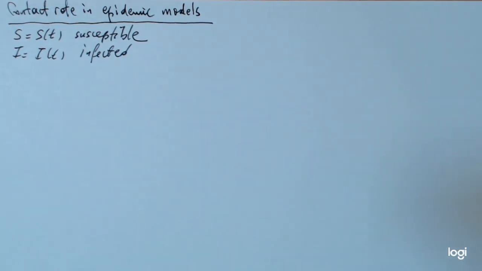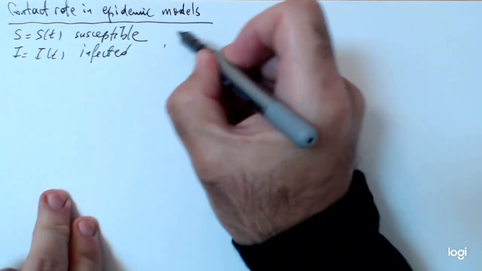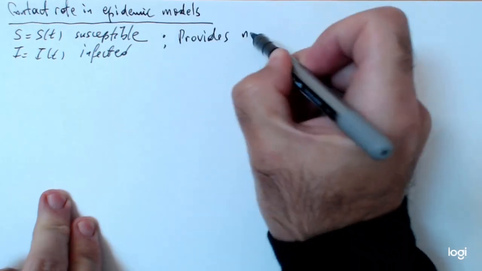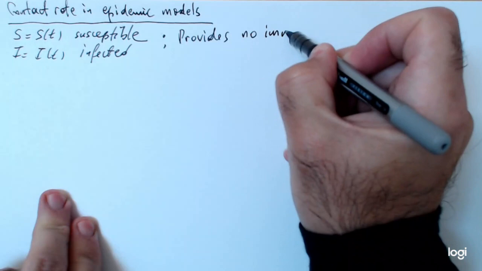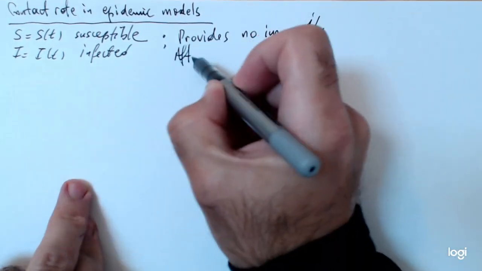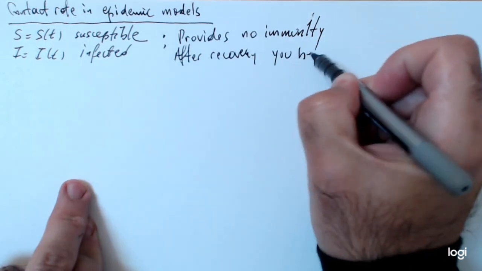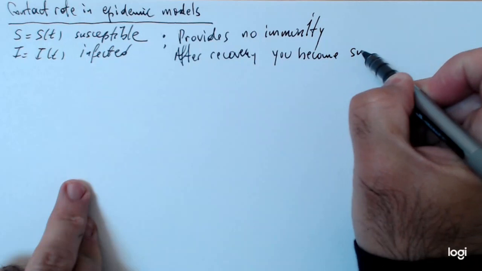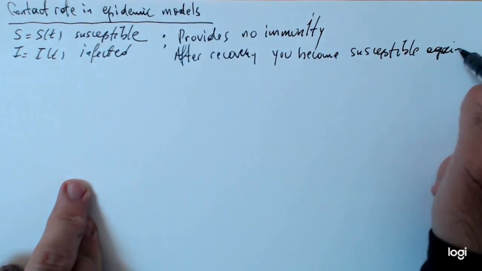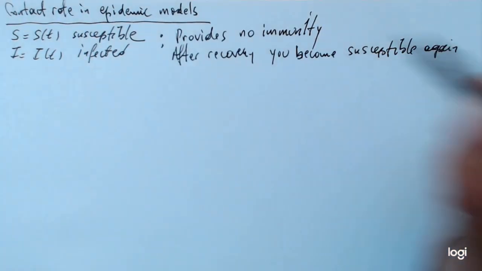And let's assume for simplicity that the disease that we're going to talk about provides no immunity. So that means after recovery, you become susceptible again, like instantly, which again is not realistic, but for the purpose of making the math simple, we do that.